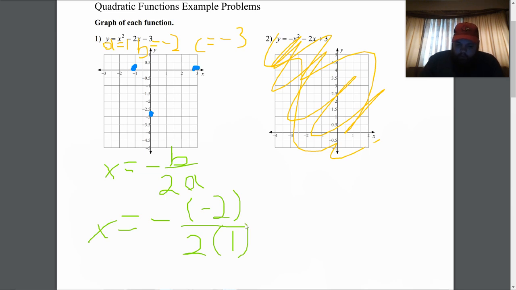So I can get rid of these negatives here, because we got 2 of them right next to each other. So we really just got positive 2, and then 2 times 1, that's just 2. So 2 over 2, we know what that is, that's just 1. So x in this case is 1.